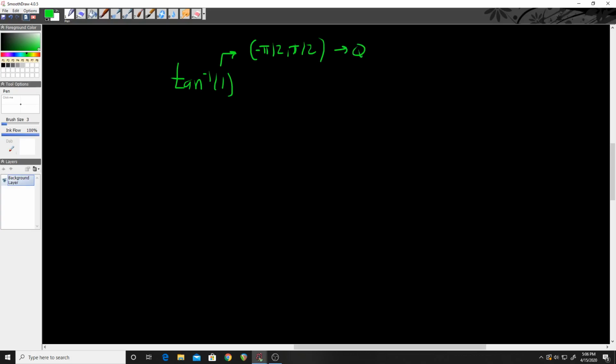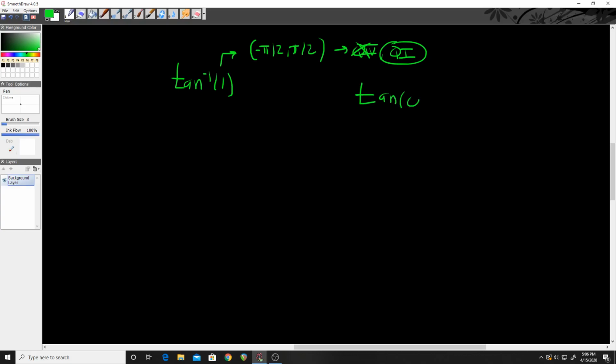So that's going to be quadrant 4 or quadrant 1. And the number inside is positive, so it can't be quadrant 4 because tangent is negative in quadrant 4, because y is negative in quadrant 4 and x is positive. So it has to be quadrant 1. So we want the quadrant 1 angle that has a tangent of 1.